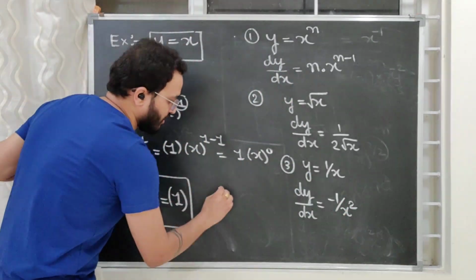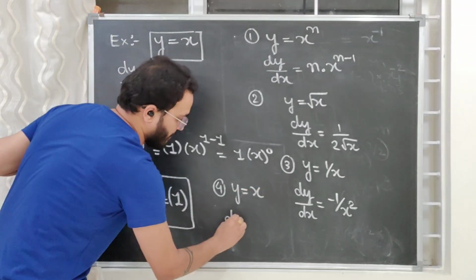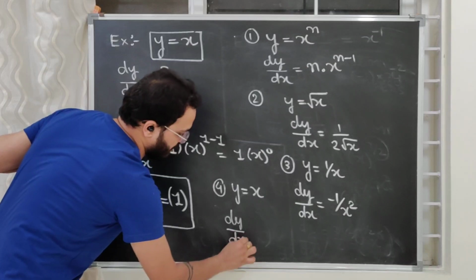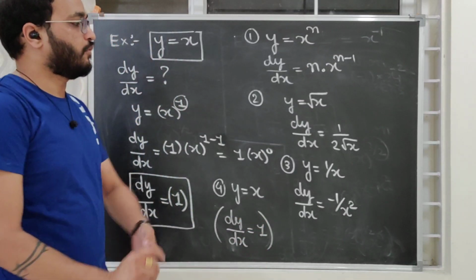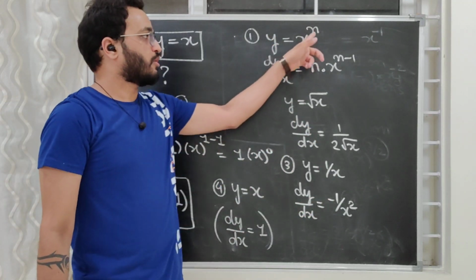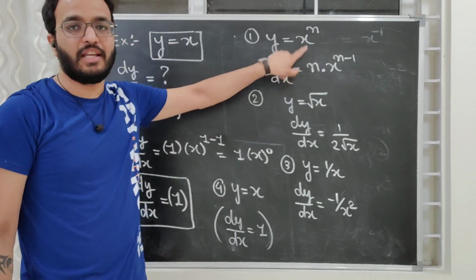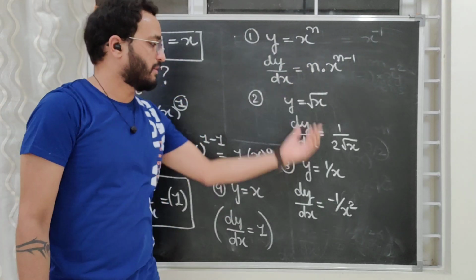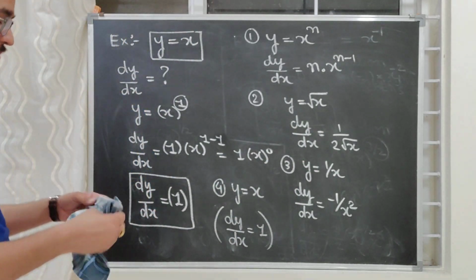And last is this: if y is equal to x, then dy by dx will be 1. So these are the 4 important points that you need to remember. You can solve these 3 with the help of the x to the power n formula only, but it will be far better if you remember them.